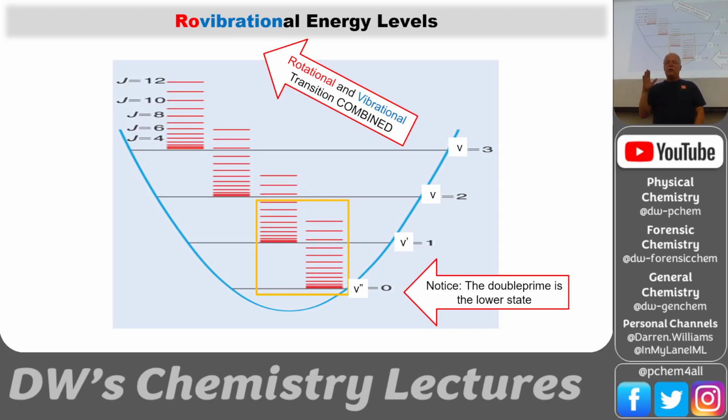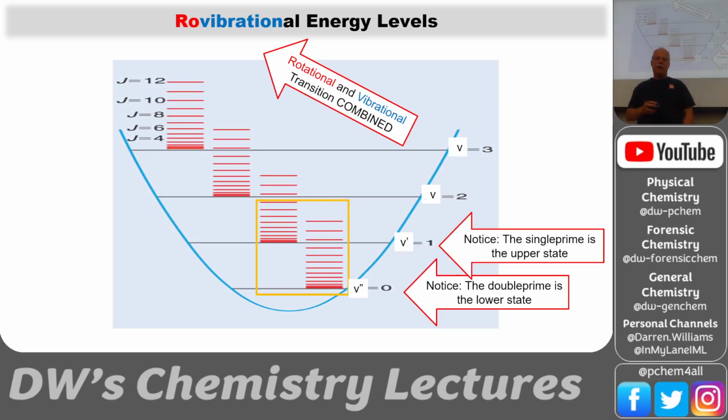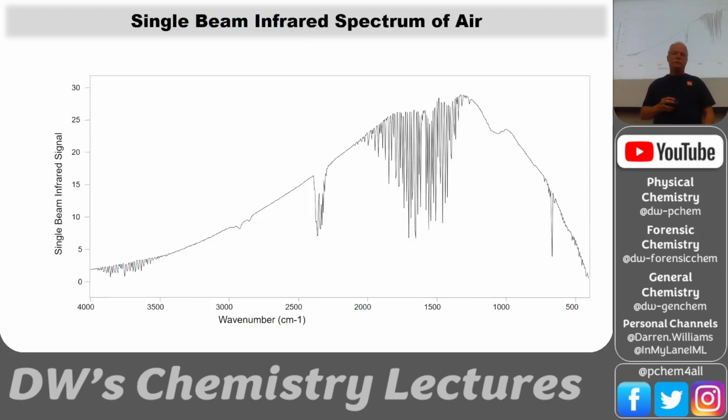So we just kept that. So now we're doing absorption spectroscopy in our lab, but still we keep that double prime as the lower state, just to be consistent with the literature. Okay, so that's why we have this odd set of labels on our quantum states. Okay, and the single prime is the upper state.